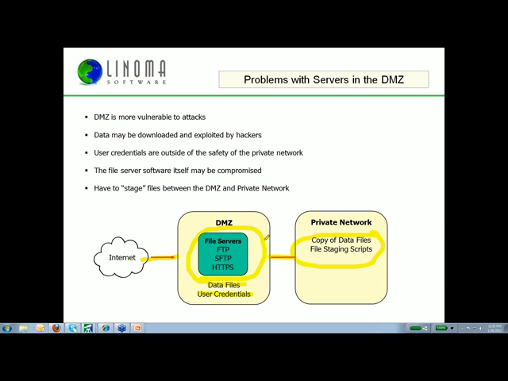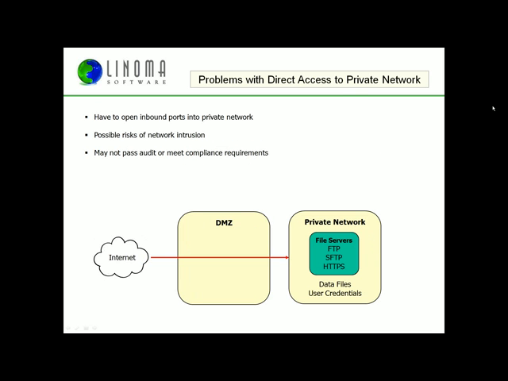A lot of auditors now, especially for PCI and HIPAA, don't want you to store any files out in the DMZ, even if those files are encrypted, because it's so at risk in that area, since it is public facing. So some companies said, we'll just move our FTP or secure FTP servers into the private network, so our files will be there as well and we'll keep our DMZ clean.